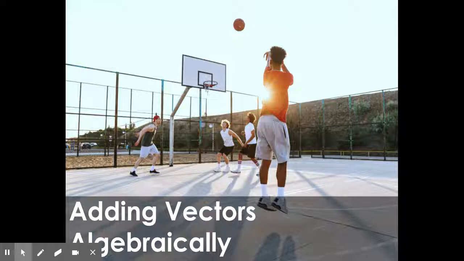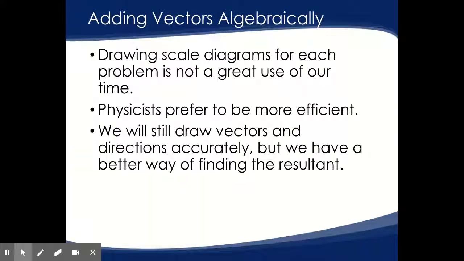We talked about drawing vectors and solving them by drawing them to scale last class, and of course that has its place. If you're trying to visually represent your vectors and include the directions in them, or if you have something that's very complicated, you can choose to solve it algebraically, or you could choose to draw it out. So it's kind of up to you.